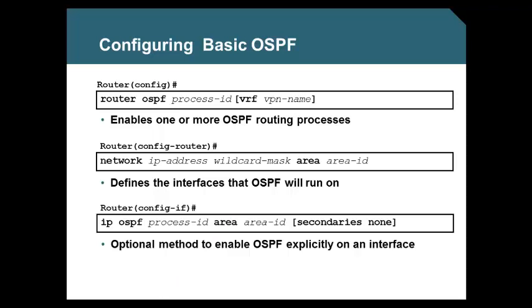So process ID, you can have up to 65535, but it doesn't mean that your router will have 65,000 OSPFs running. No, that is just so you can use your own convenient number as a process ID. But you can create as many OSPFs as you want.